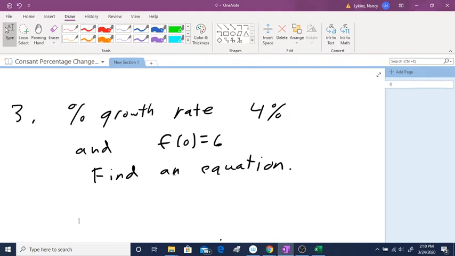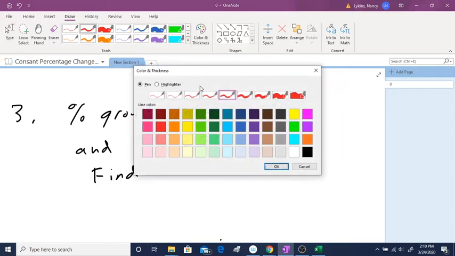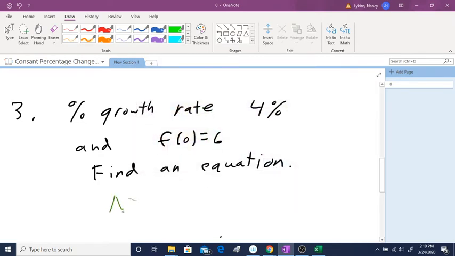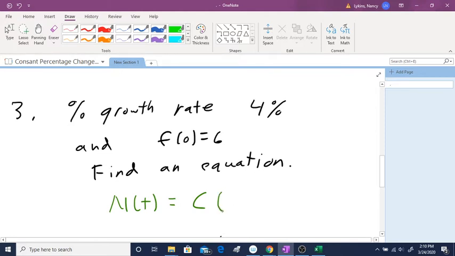Now, what we need to do is come up with an exponential equation. So remember, going back to looking at our n of t equals our initial value times 1 plus r to the t.